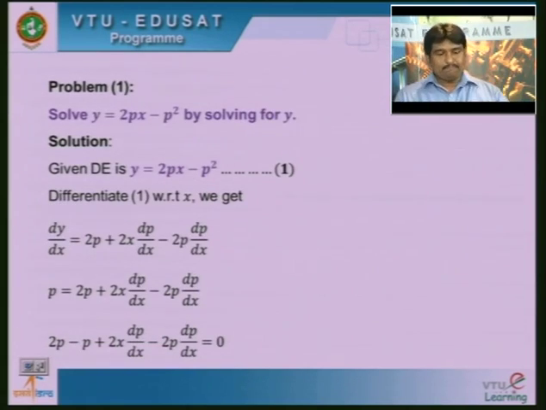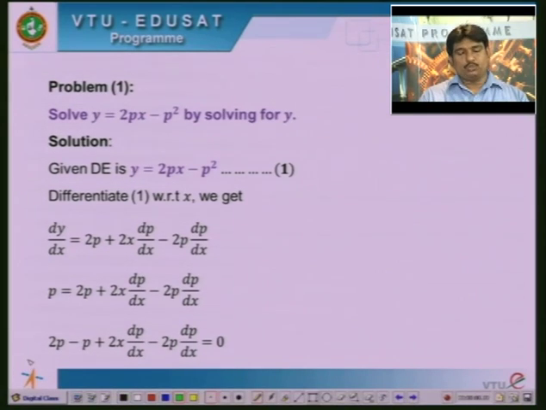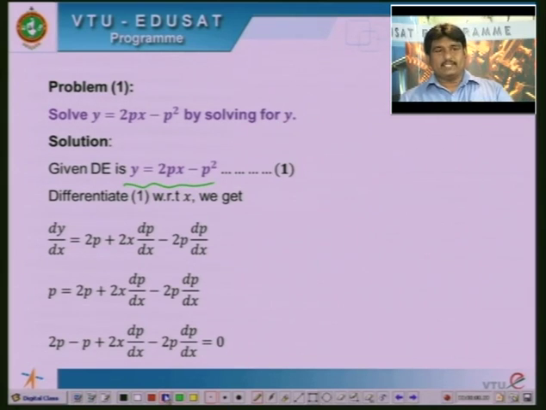Example number 1, solve y equals to 2px minus p square by solving for y. You have the equation y equals to 2px minus p square. Now differentiate this. Derivative of y is dy by dx equals to derivative of 2px.